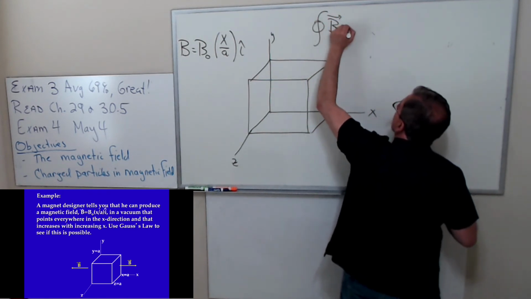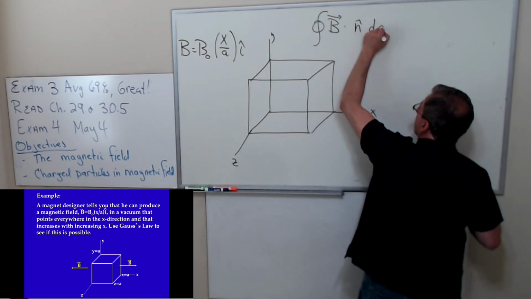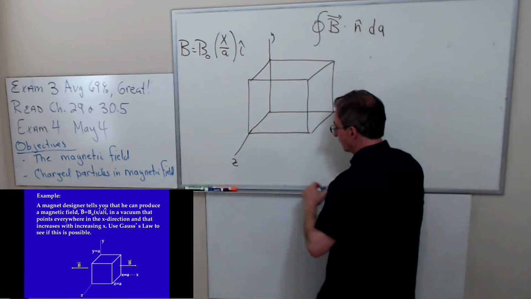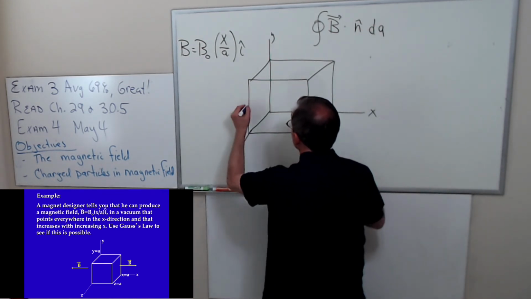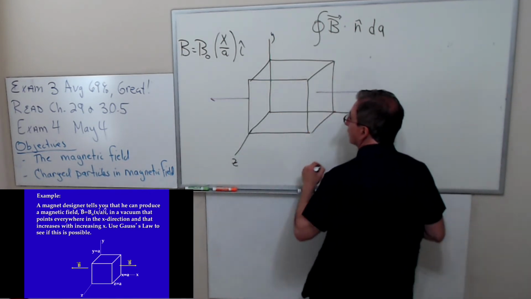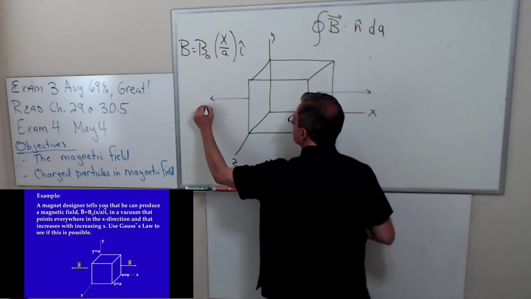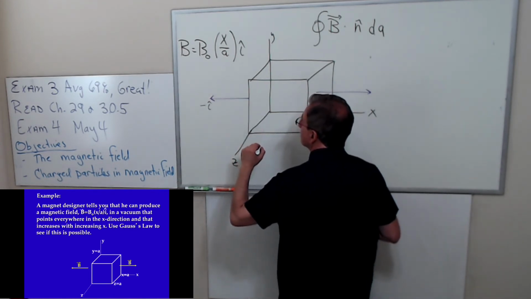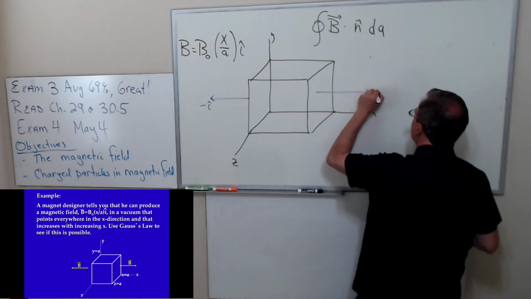The ones in the YZ plane. Yeah, so we want to look at that one and this one, right? Because this one points in the minus i hat direction, and this one points in the i hat direction.